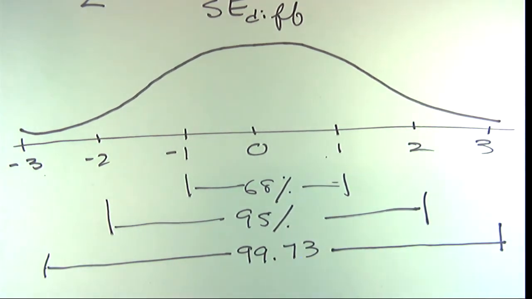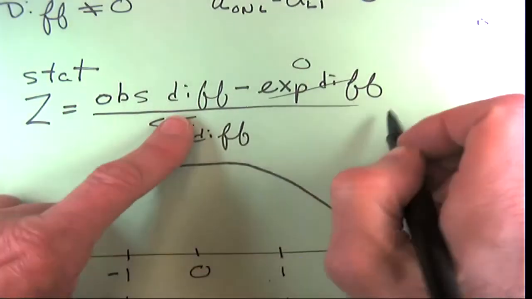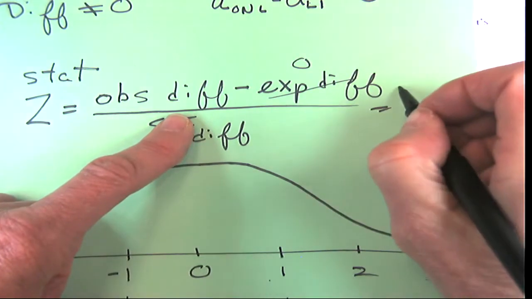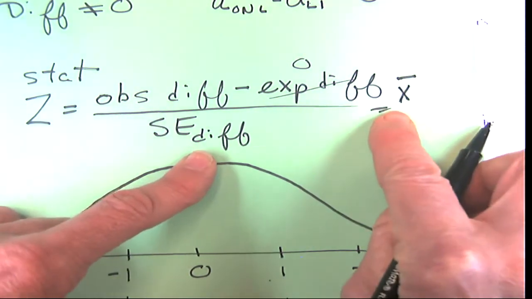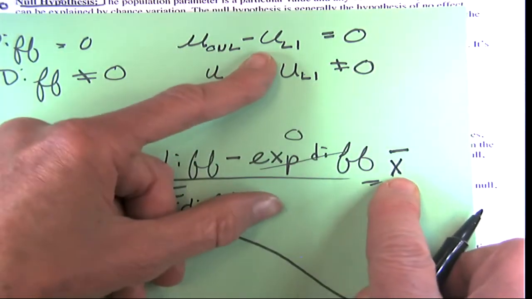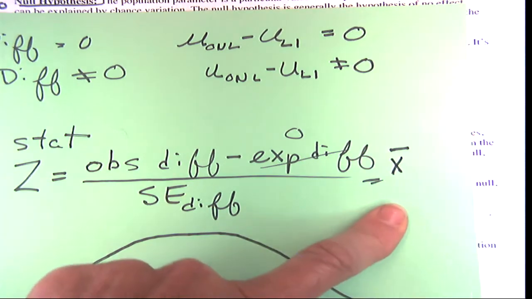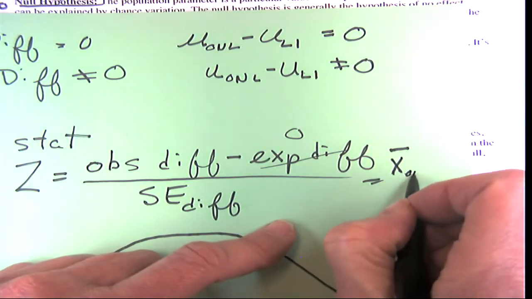So what you do is you translate whatever difference this is, the difference between the sample x bar, these Greek letters are for the ideal and the Roman letters for the sample, online and in-person.